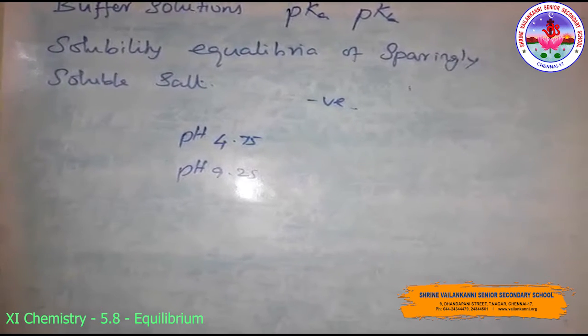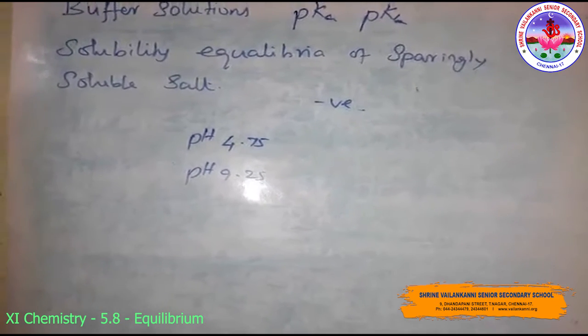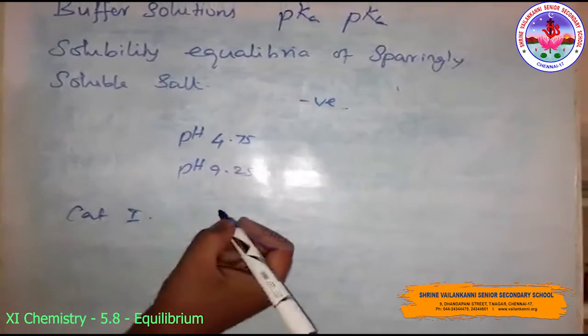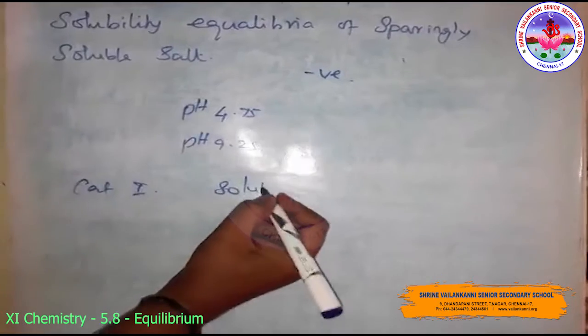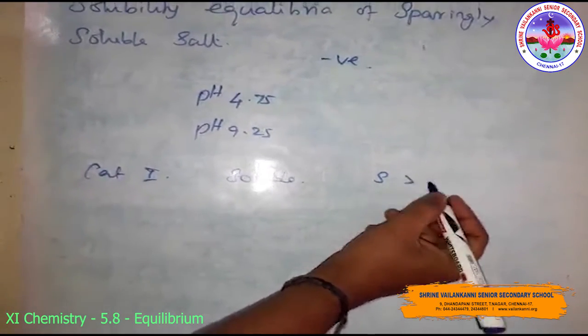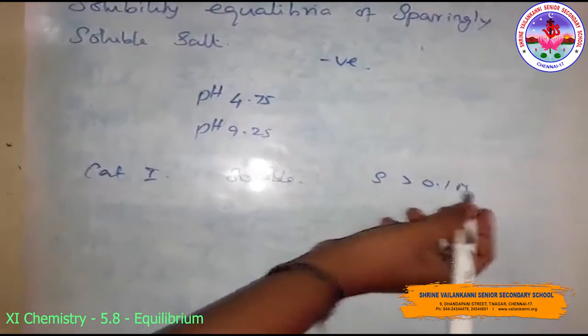Each salt has a characteristic solubility which depends on temperature. Category 1 is soluble: solubility is greater than 0.1 molar.